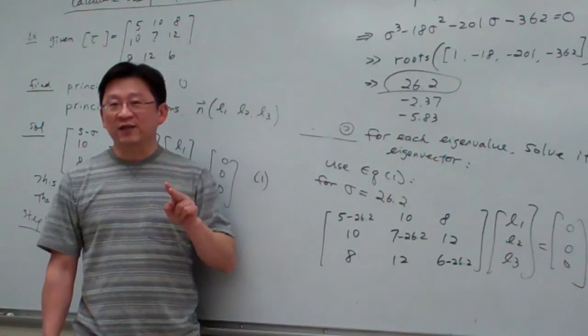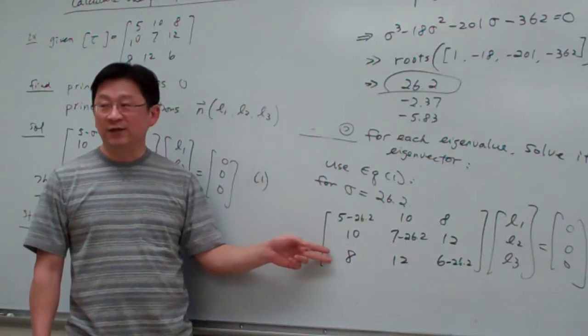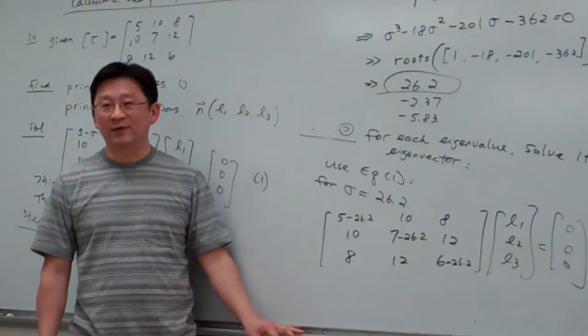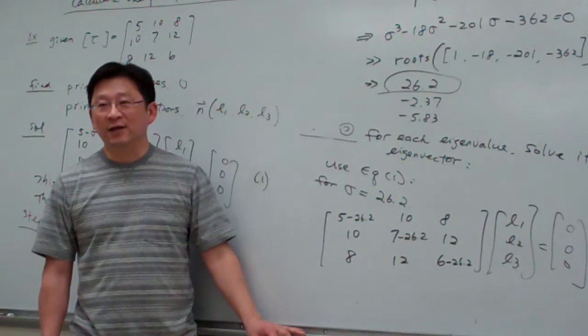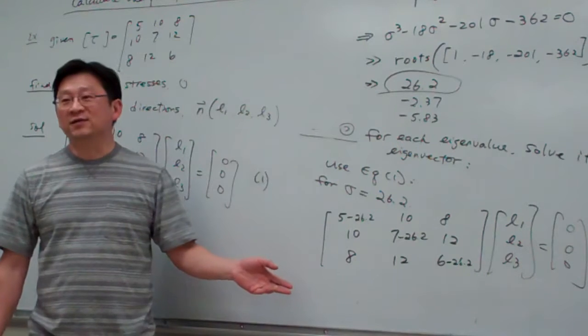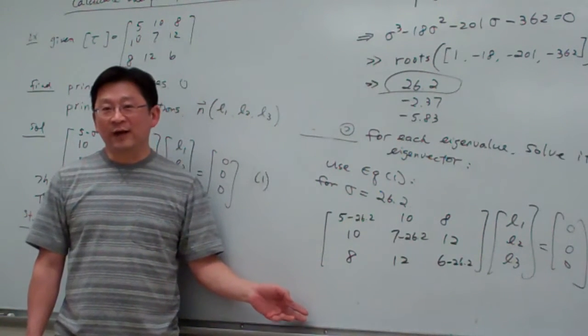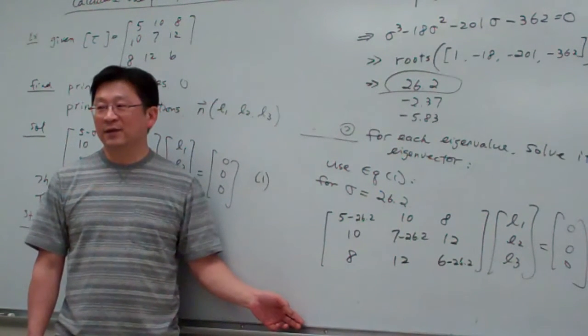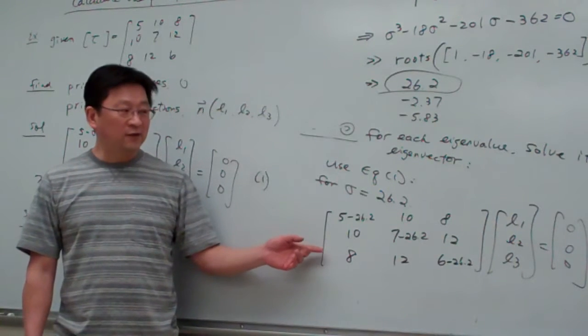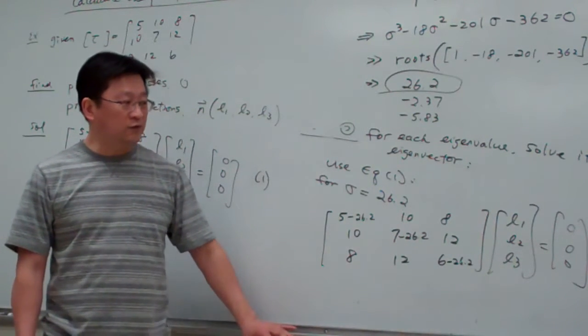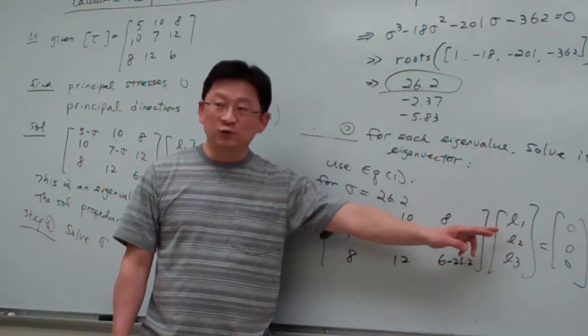There are only 2 independent equations among the 3. You know what I mean? This is the essence of eigenvalue problems, and this is why we use MATLAB. You can solve this by hand, but at most you can solve for its relation.